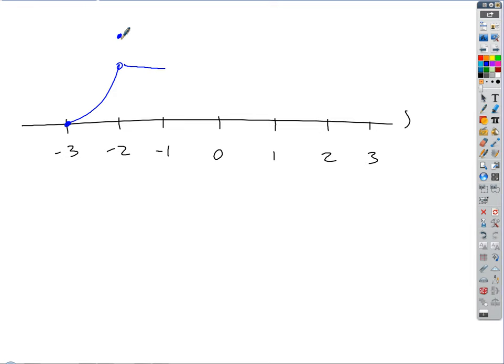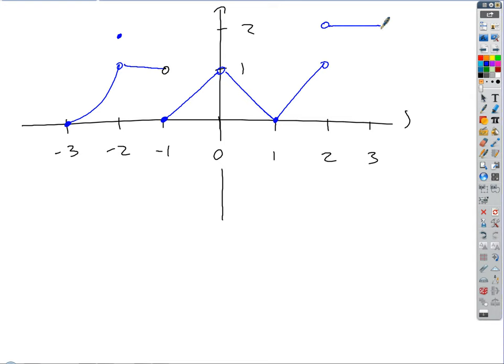I'll call that 1, that 2. Okay, there's my relation. It's a function.